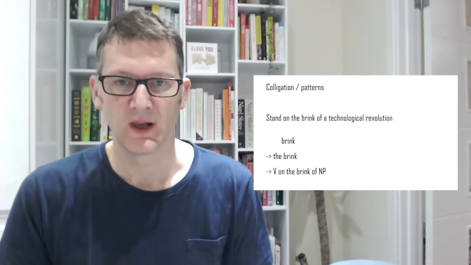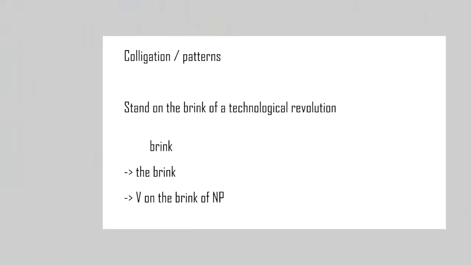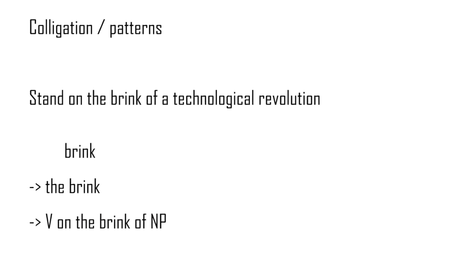Okay, and so just to move again from collocation to colligation, or what we might think of as patterns, in our text by Schwab, we have stand on the brink of a technological revolution.